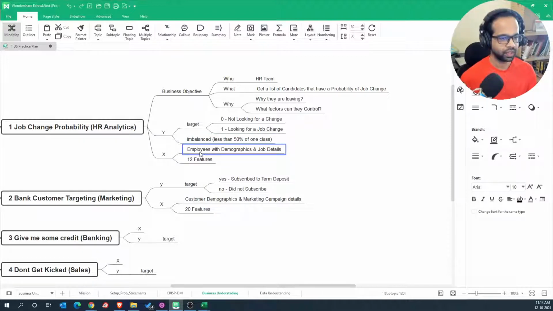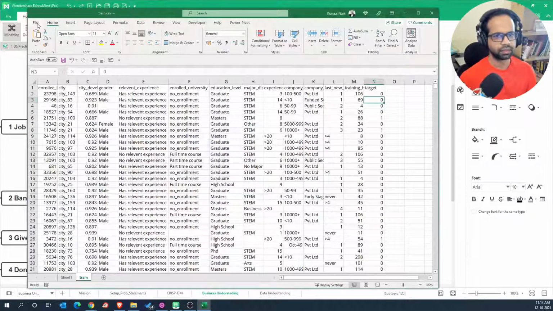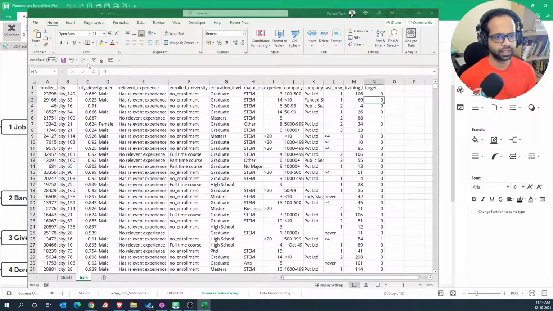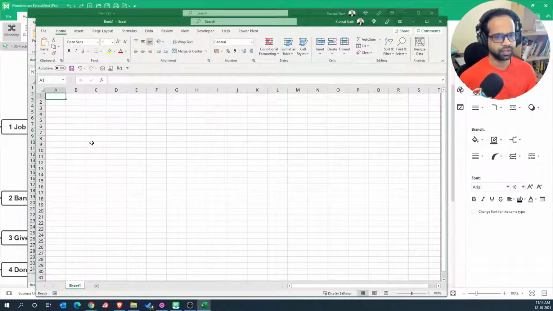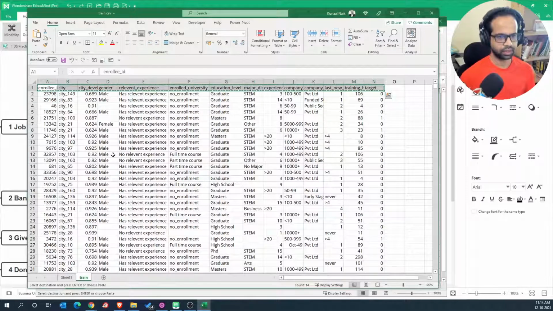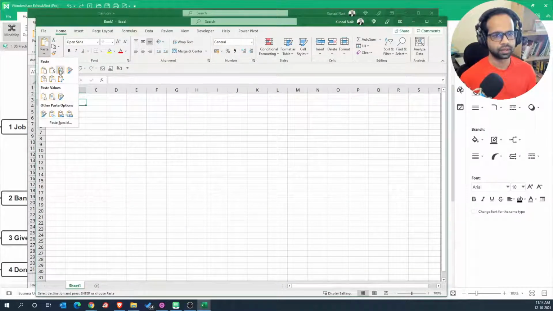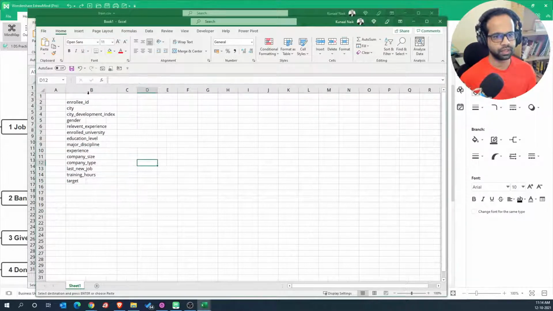Now we have some employee demographics and job details, so that's really good. What I'm going to do now is create a new dictionary where I can keep all these problem statements in one place. So for example, I'm going to take the data like this and transpose it and place it like this.